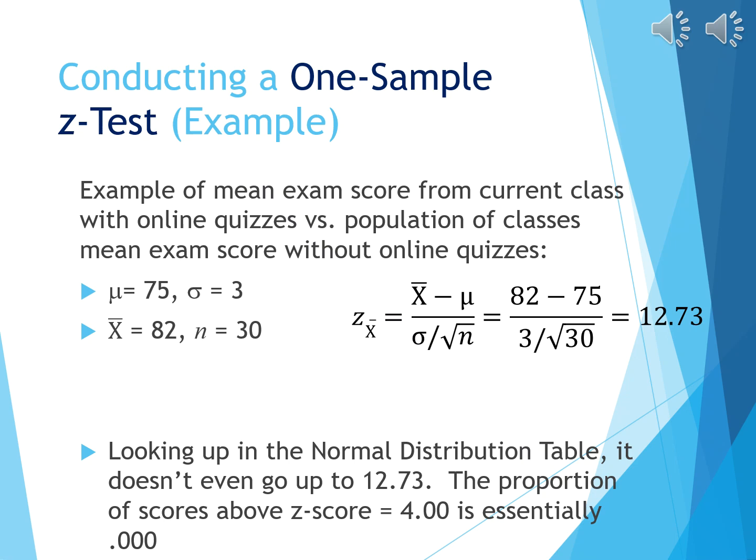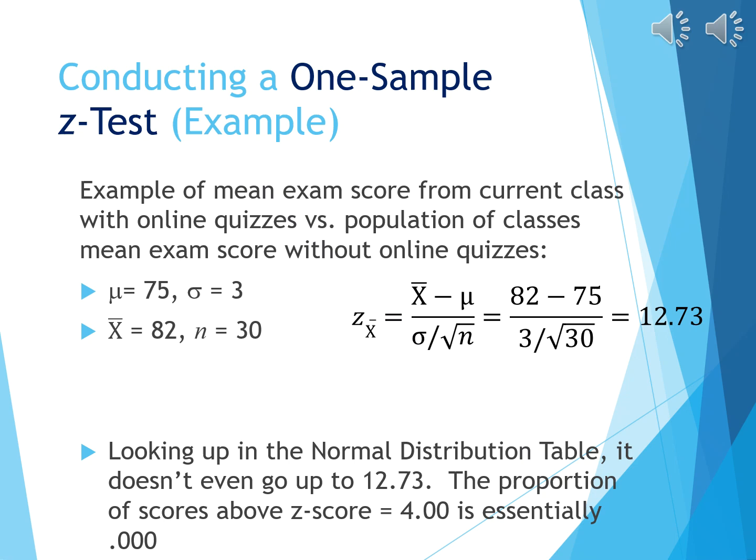Okay, so once you have all these pieces of information, you can find a z-score. And this is actually a z-score for the sampling distribution of sample means. It's not just a distribution made up of raw scores, it's a z-distribution of means.